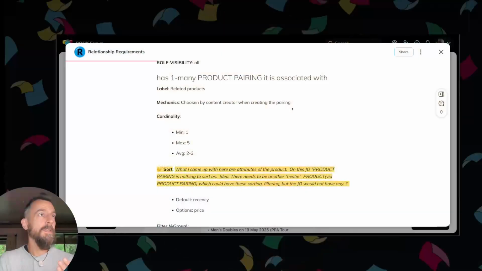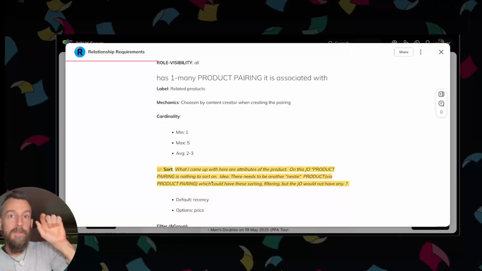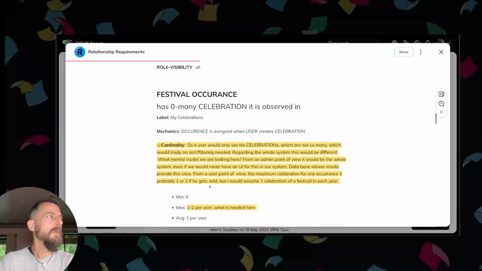So you would say, I am sorting by the attribute on product through product pairing. And that's one of these proxy or indirect relationships. That's a great use of that. So you don't need to put it in again. You can say, I'm pulling through this relationship to the other relationship, if that makes sense.